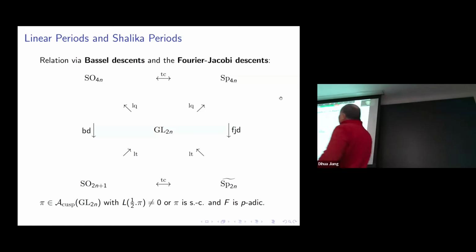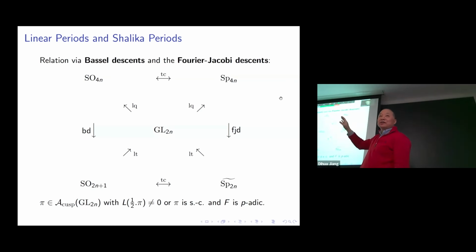So in other words, this theta correspondence takes the Bessel model to the linear model. Okay, here we figured out a generalized Bessel Shalika period. Okay. And here will be the symplectic linear period.